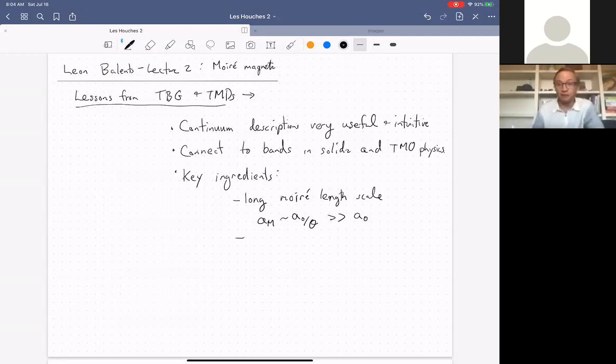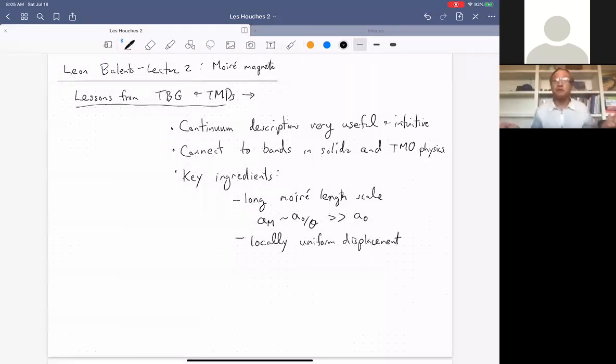And when that happens, if you look locally at a range of a limited number of microscopic lattice sites, this intricate Moire pattern locally looks like just a uniform displacement of each of the layers.